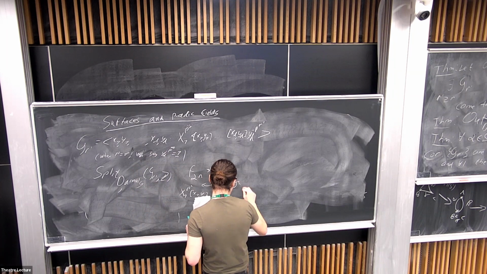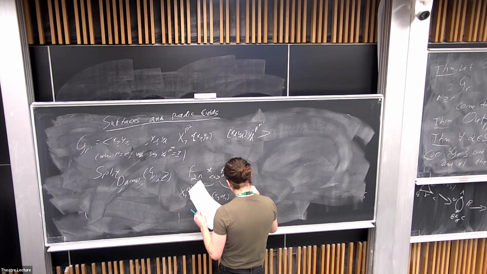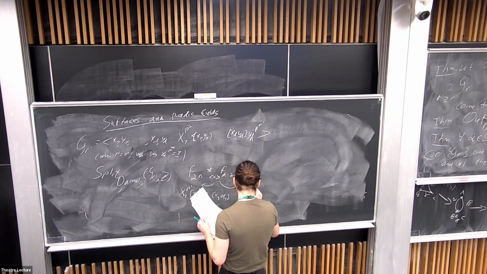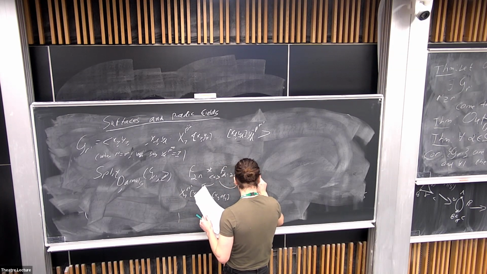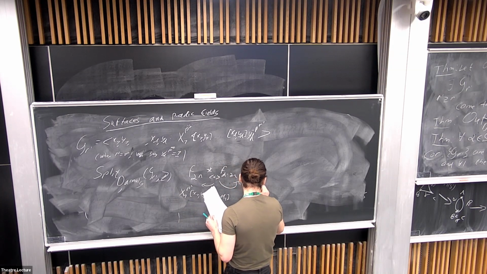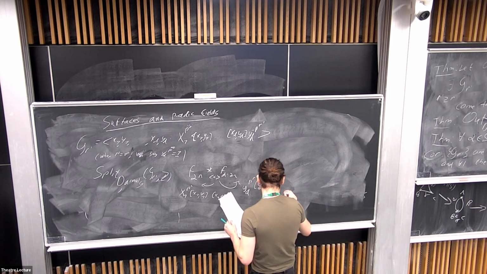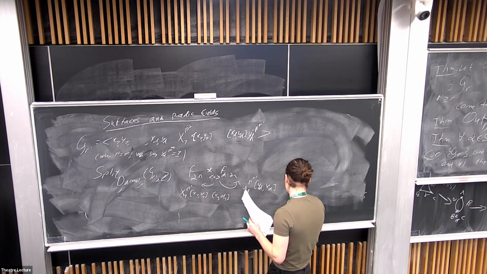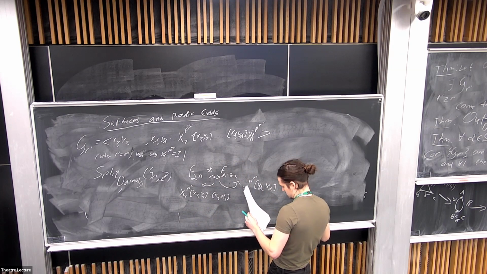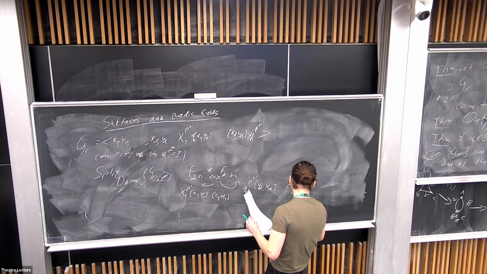And here it will map into y_{n+1}, x_{n+1}, up to yD, xD.